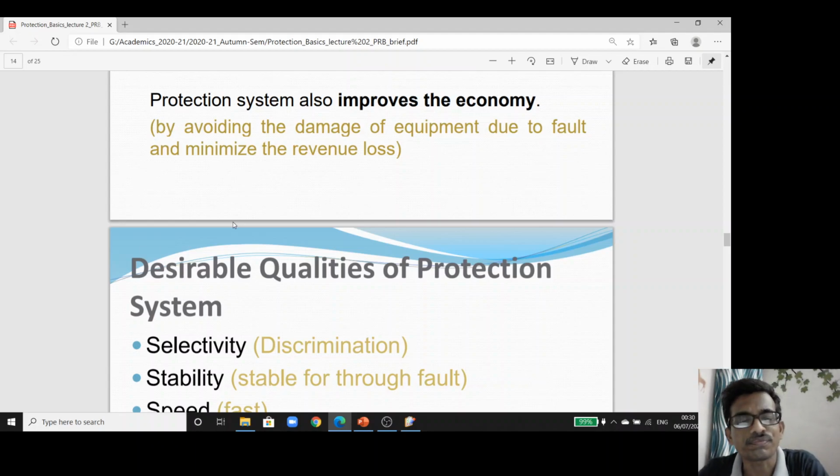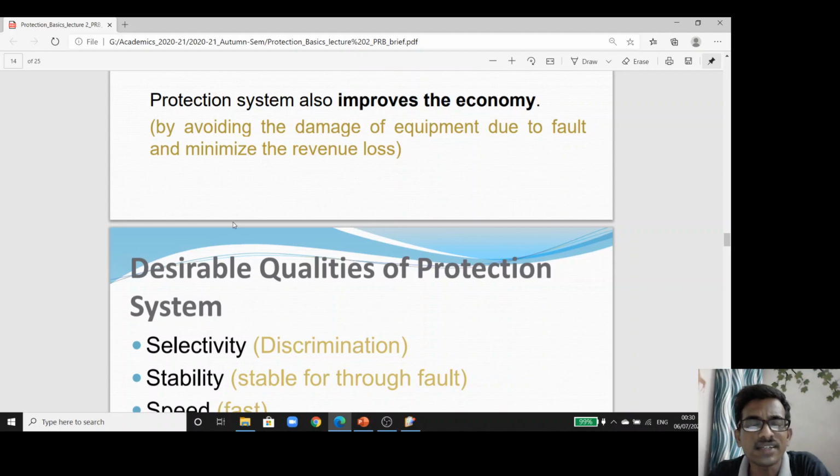The second desirable property is stability. It means it should be stable for a through fault. Same thing: when a fault occurs in the Shegao substation, it might be sensed by the second substation in Shegao, because when a short circuit occurs, it gets reflected in the system and the fault may be sensed by another substation.